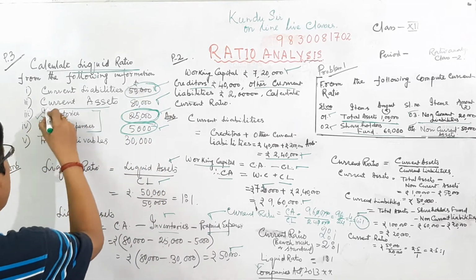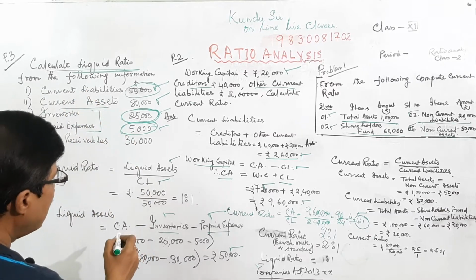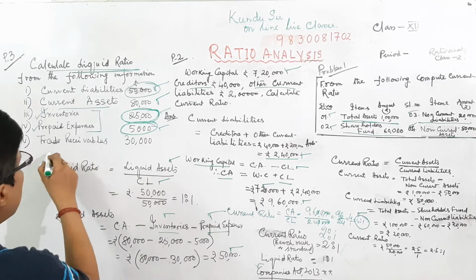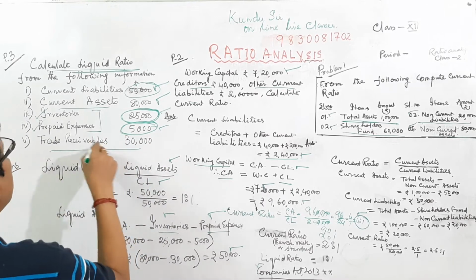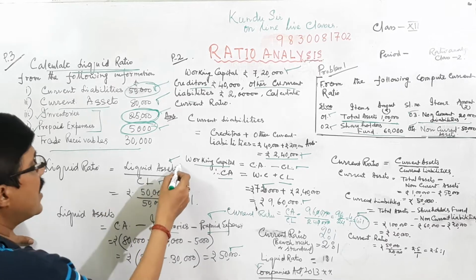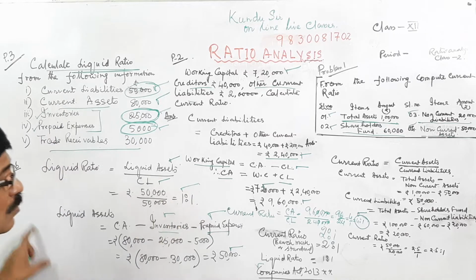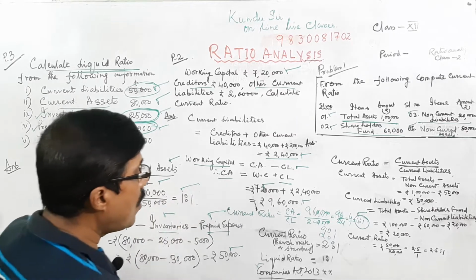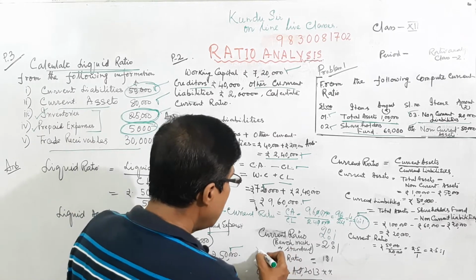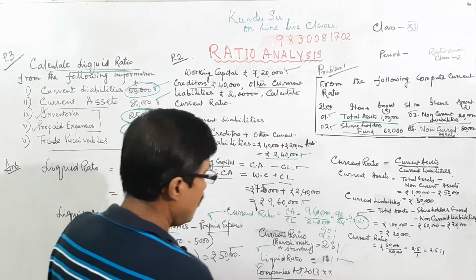After deducting inventory and prepaid expenses from the current asset, we get the liquid asset, and trade receivable is already included in the current asset, so there is no need to consider it again. So, liquid asset is 50,000 and the ratio is 1:1, which is the standard norm or benchmark.